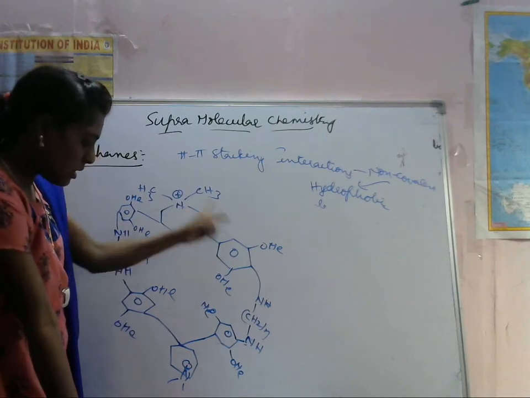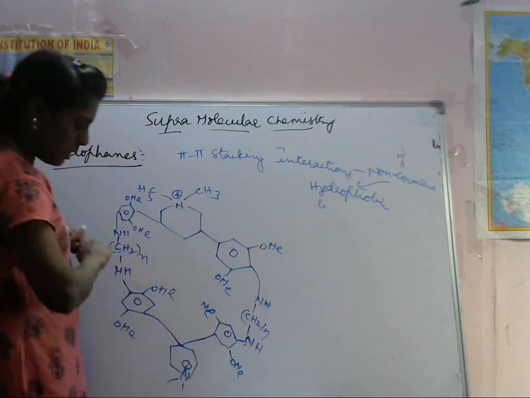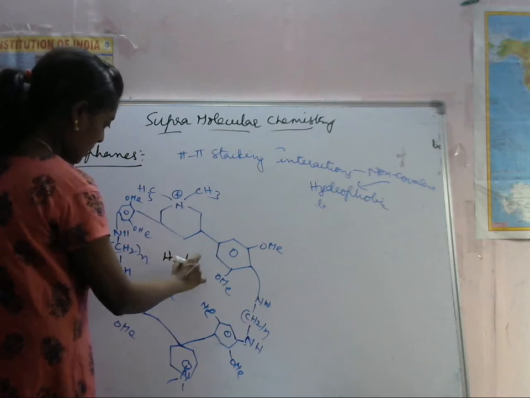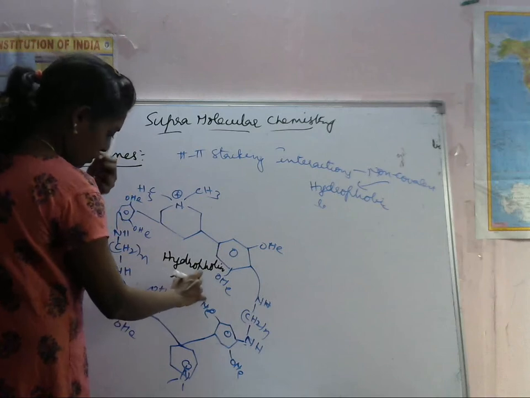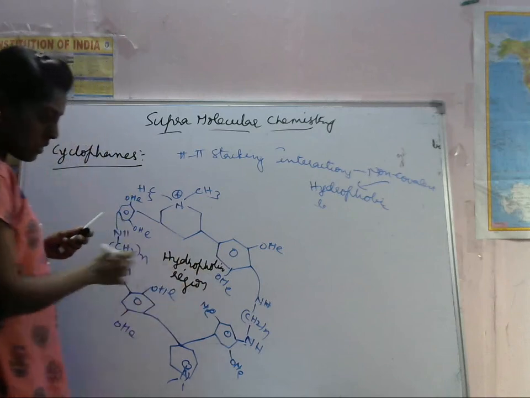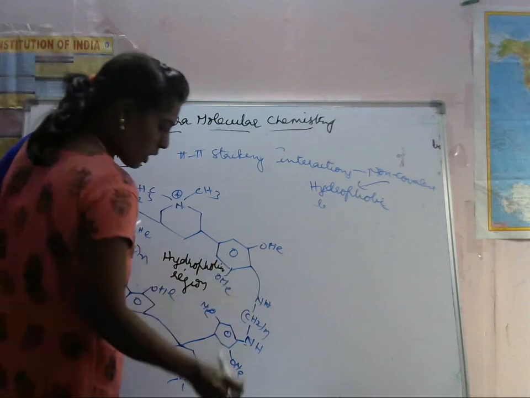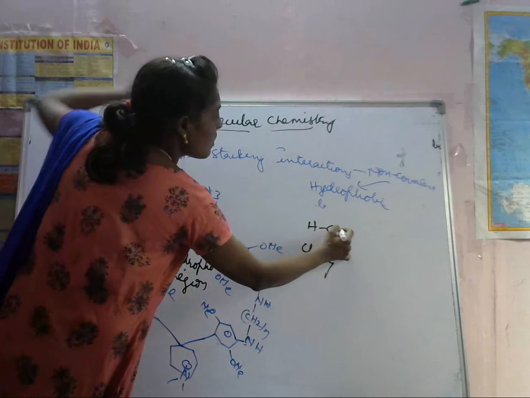The cation site is placed in this one. So this is said to be the hydrophobic region. This is the host guest interaction to form a charge transferred host guest complex.